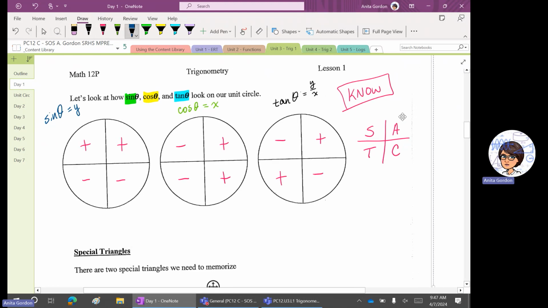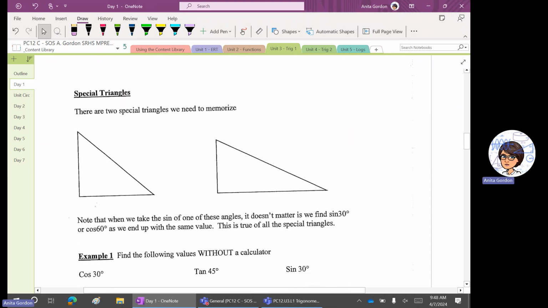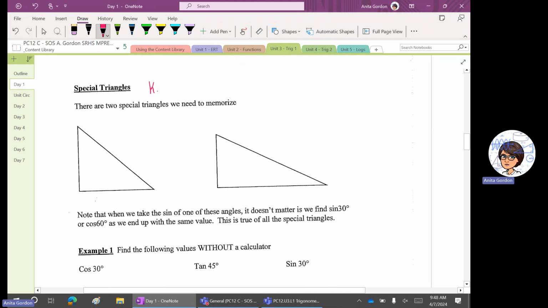Okay, this is quadrant 1, this is quadrant 2, this is quadrant 3, quadrant 4. Notice I moved in a counterclockwise direction as before. Okay, so CAST, starting in the bottom right corner, this is where all of them are positive. All are positive in quadrant 1, and then in the other 3, only one of them is positive. The other two things I want you to, again, memorize. You should know this. This will not be on a formula sheet. This will not be given to you because, again, this is review.